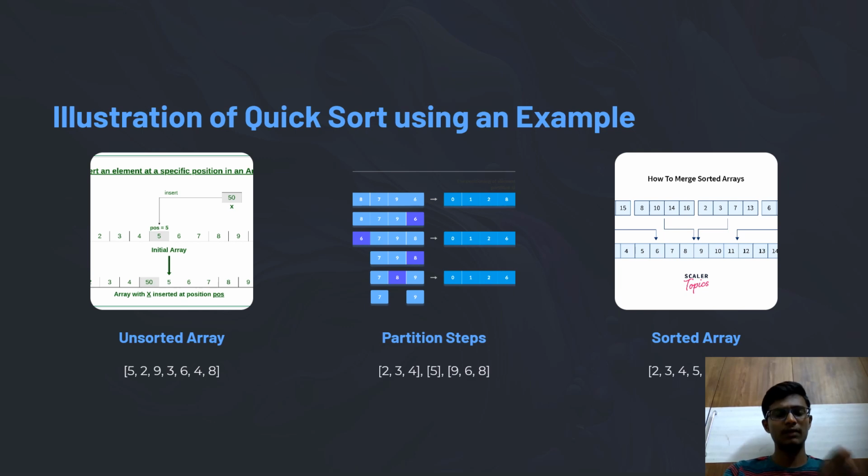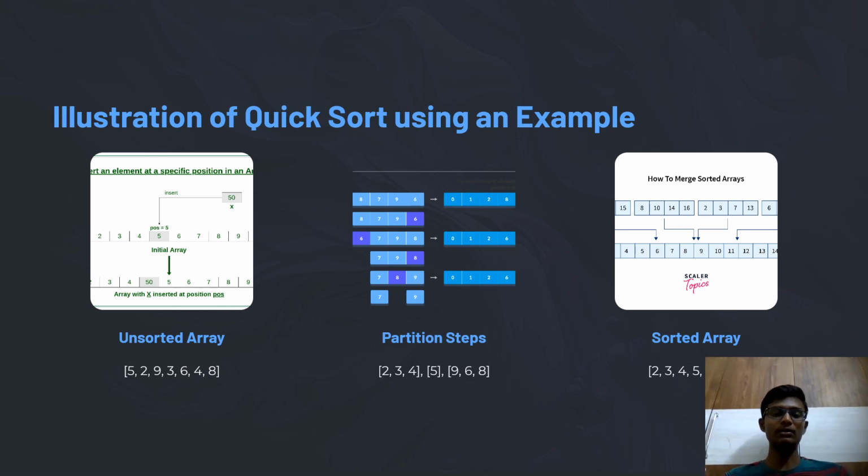When we take this pivot element, we place it in the middle, and we gather the elements which are lesser than the pivot element. That is, the elements 2, 3, and 4 are lesser than the pivot element 5, and we place them in a subarray on the left hand side of the pivot element. The remaining elements, which are greater than 5, that is 9, 6, and 8, we place on the right hand side of the array.